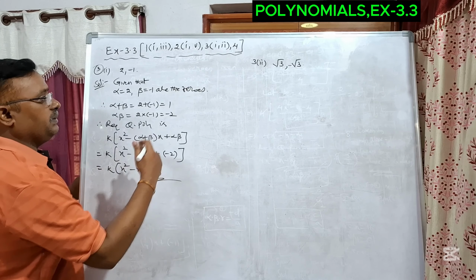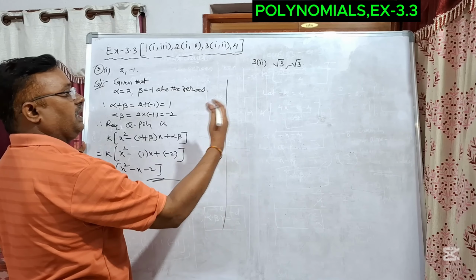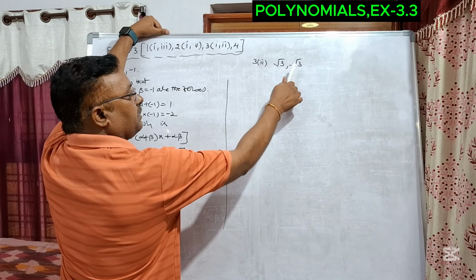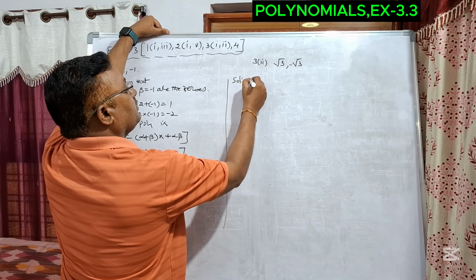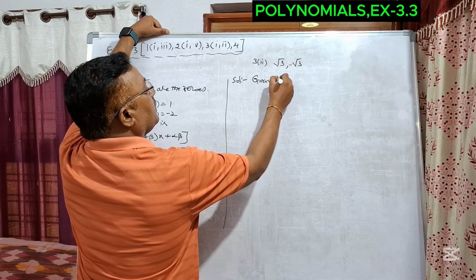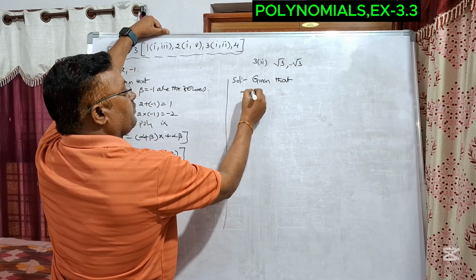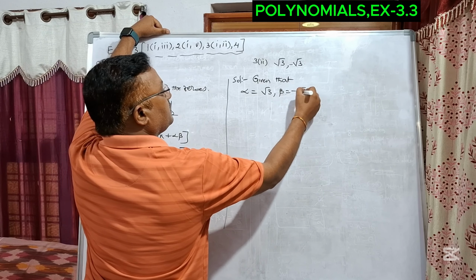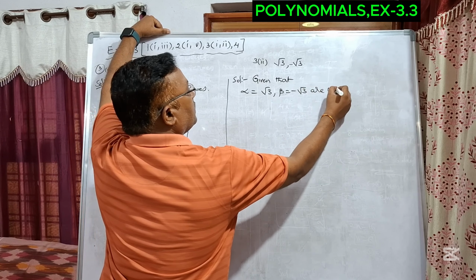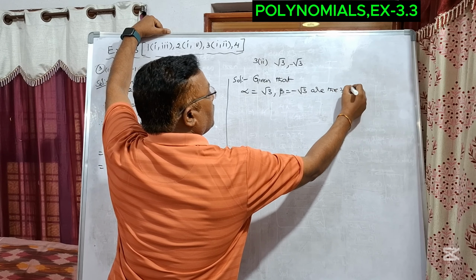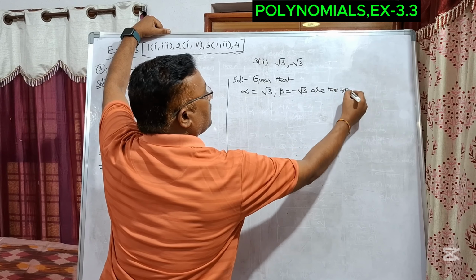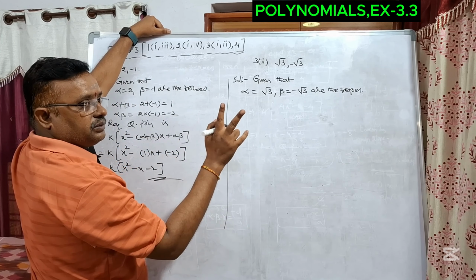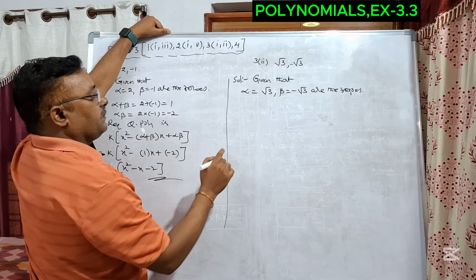Is that clear? Coming to the next problem of the same model. Here, what are the two numbers? Root 3 and minus root 3. Given that alpha equals root 3 comma beta equals minus root 3 are the zeros of the quadratic polynomial. You should read the problem very carefully.